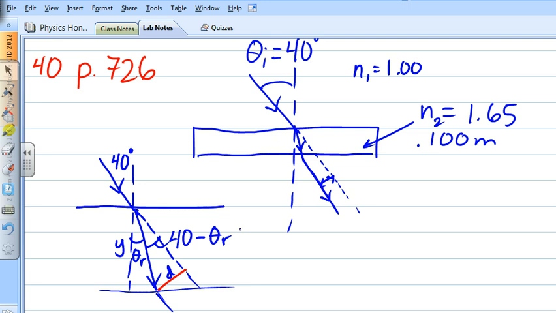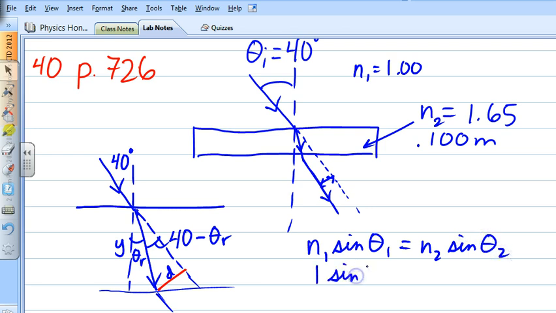Okay, so when we apply Snell's law, we use n1 sine theta 1 equals n2 sine theta 2. So n1 is 1 times the sine of 40 degrees, n2 is 1.65, and then we want the sine of theta 2.